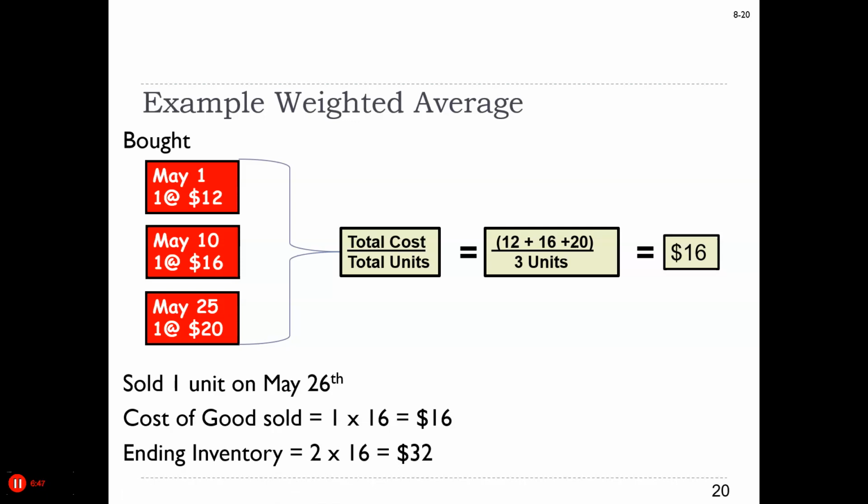Now, if instead we had made that sale on May 11th, our average cost would change, because in that case we'd have to divide the 12 plus the 16, which gives you 28, divided by 2, which means your average cost at that point would have been $14. So remember, it changes every single time you do your average cost.